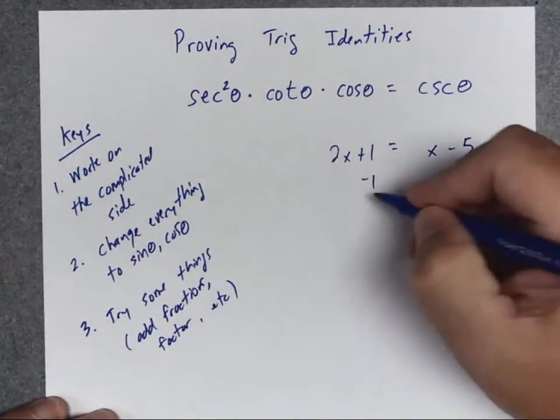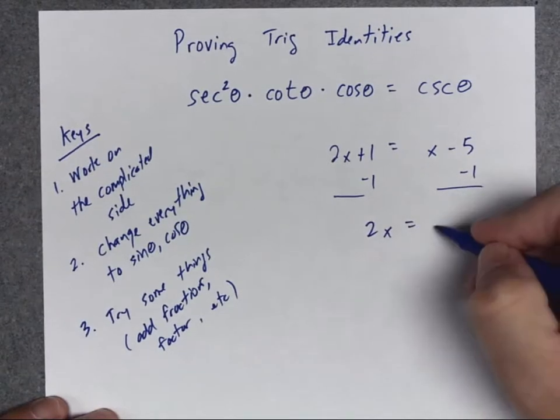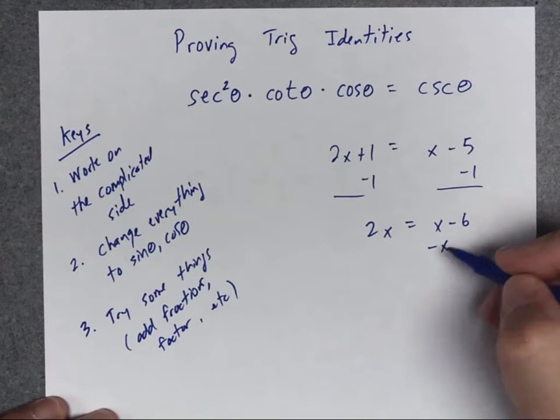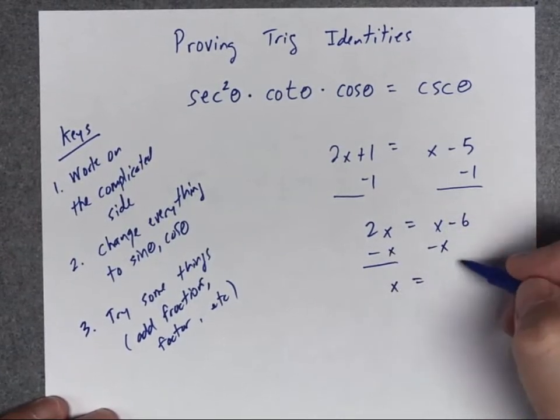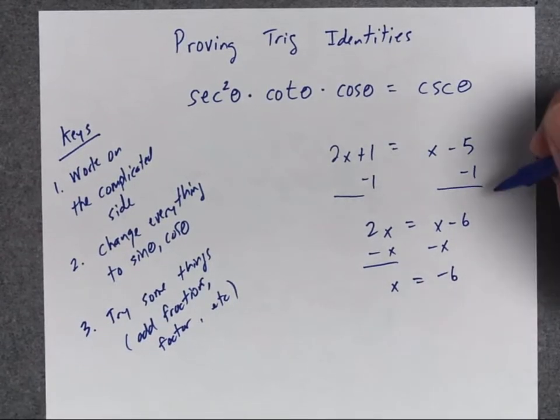Subtract 1 from both sides. And then I would subtract x from both sides. And as it turns out, now I've solved the equation.